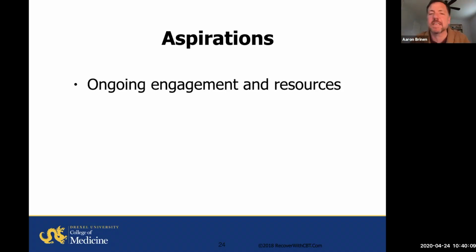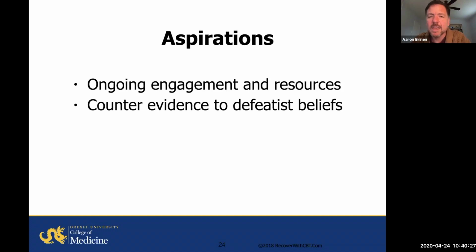I'm always thinking and dreaming about those things. If that's the thing I'm dreaming about, it's very exciting just thinking about it in my mind. And so it becomes this ongoing source of engagement. It gives me more mental resources along the way. It also starts to counter some of the evidence of the defeatist beliefs.